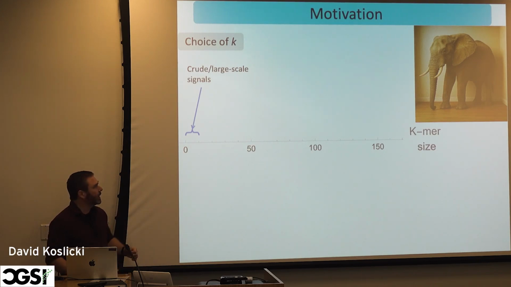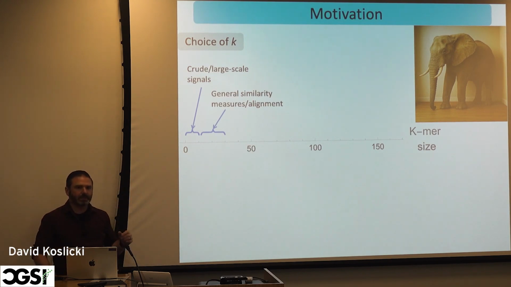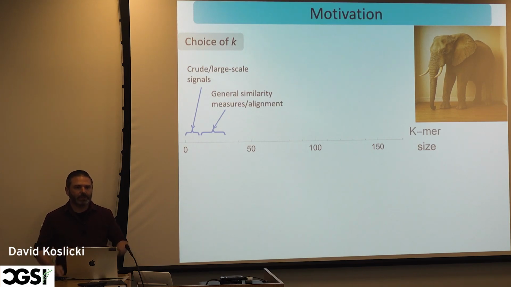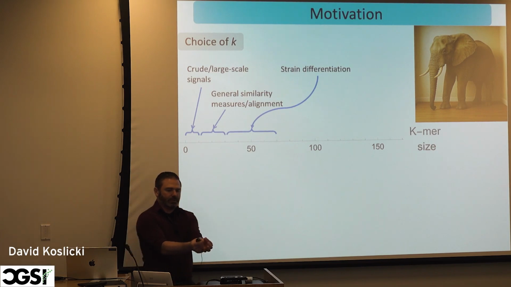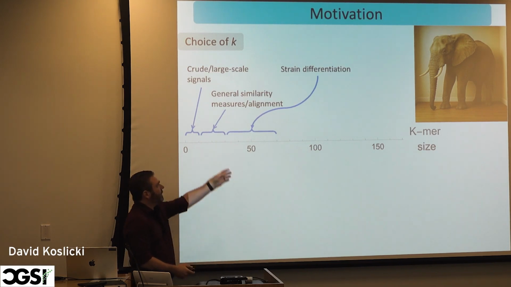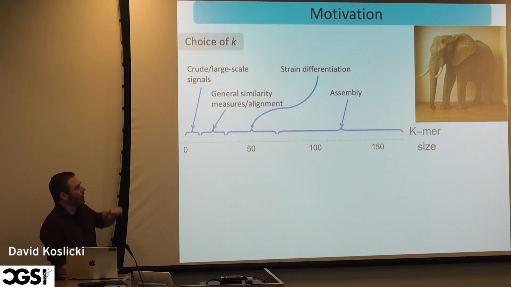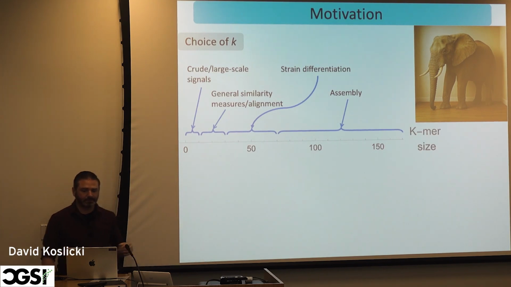Whereas a little bit bigger, maybe around the 20-ish range, seems to be what most people use for general similarity measures and alignment. If you really want to tell the difference between 2 different strains of bacteria, then you might use an even bigger k-mer size like this. And then these really large k-mer sizes are usually reserved for long-read genome assembly.